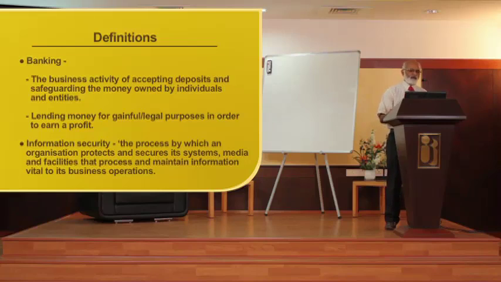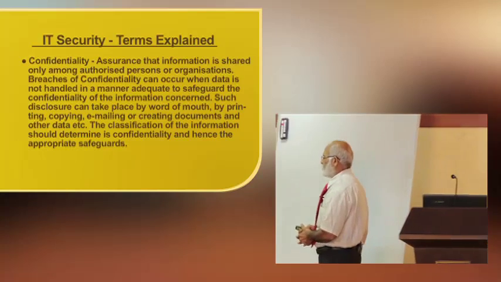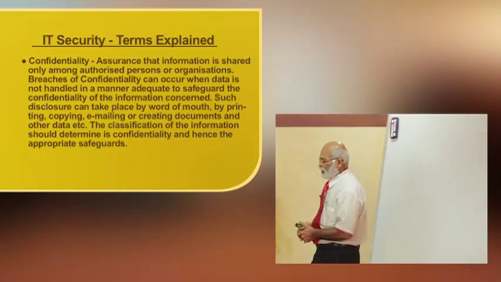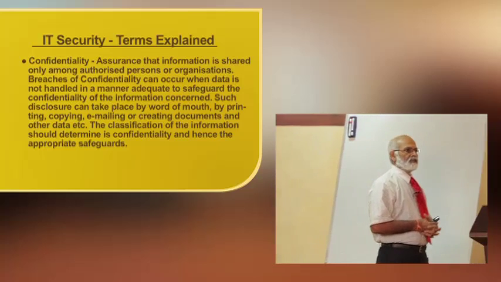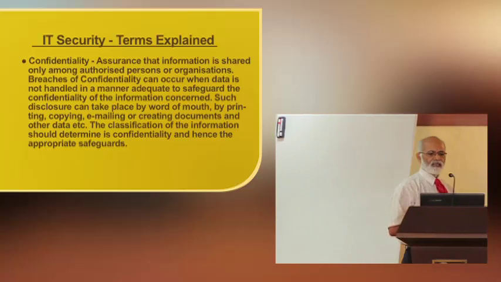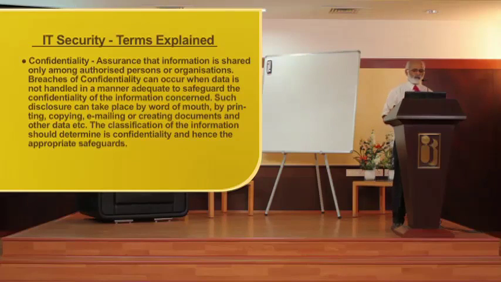Okay. Now when you talk about information security, it is totally a concept of three pillars. What are those pillars? They are confidentiality, integrity, and availability. What does confidentiality mean? The assurance that information is shared only among authorized persons or organizations.